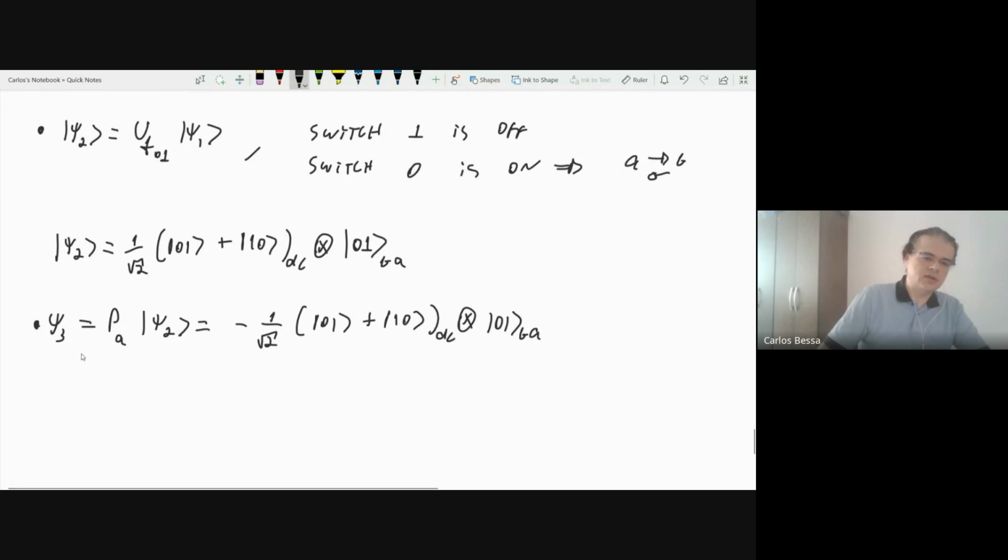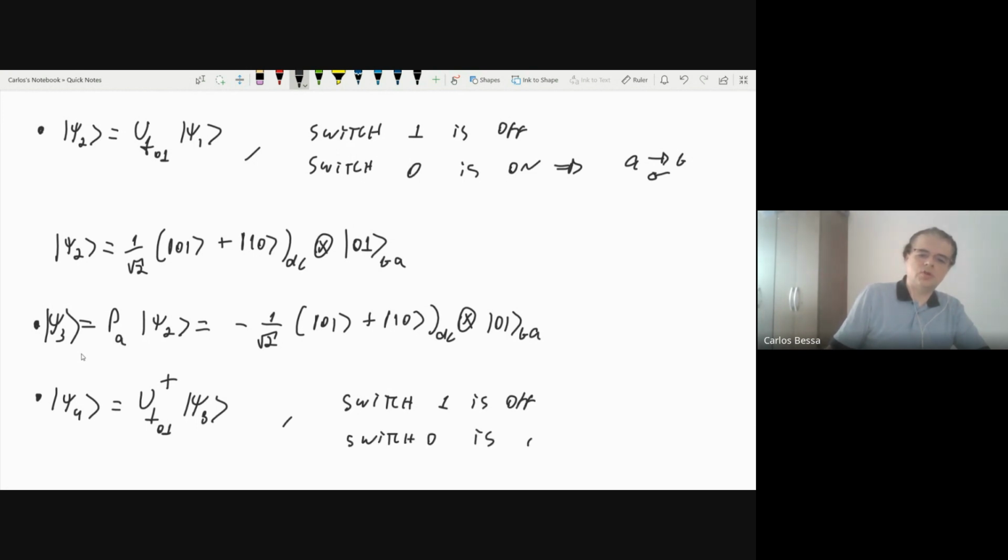And then again, psi 4 is UF01 dagger applied to psi 3. And the same thing, switch 1 is off, switch 0 is on.